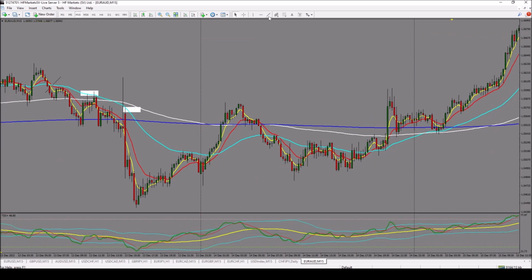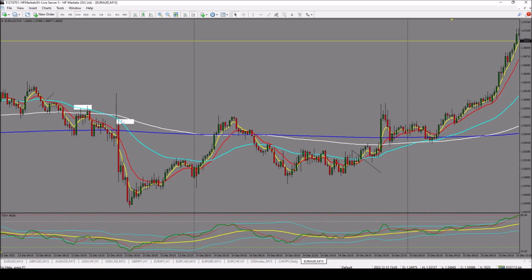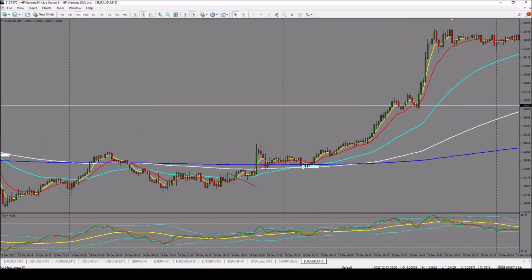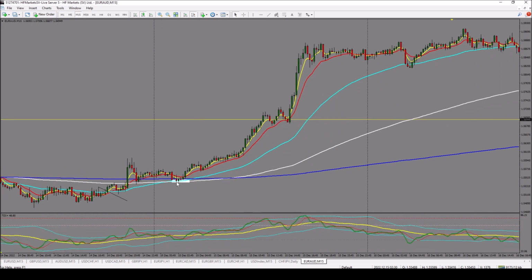We start again our count. We can see that we had a crossover. After that crossover, we had the first bounce on the 50 EMA, which is this one. Then we were waiting for the second bounce. Along this rise, there was no bounce, and a bounce was later issued at this point.